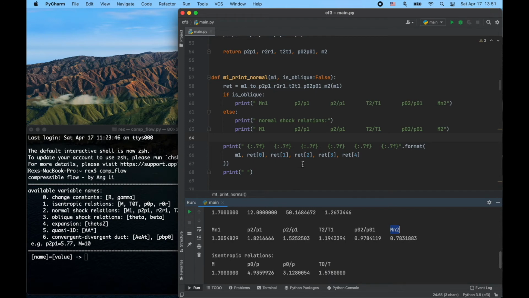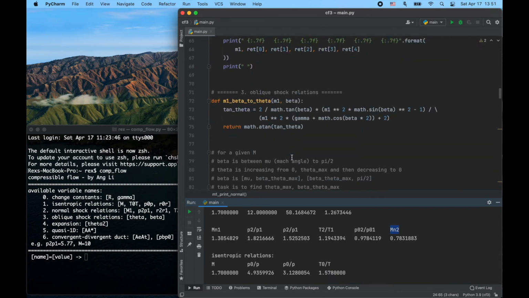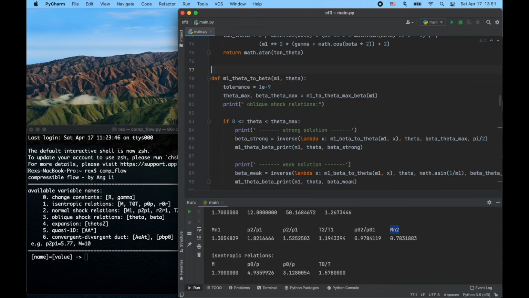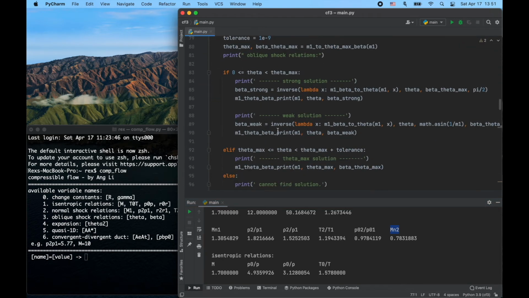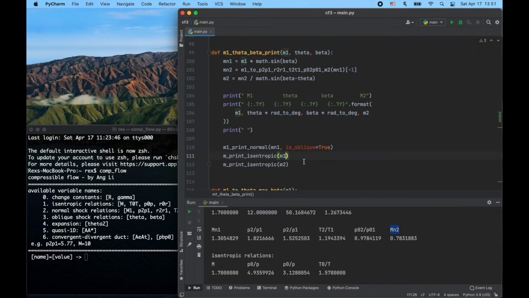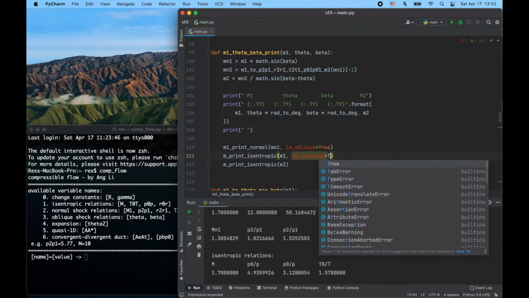And let's change the isentropic printing function. I'm going to remove this one here. For isentropic, I'll tell the function that this is upstream equals true.